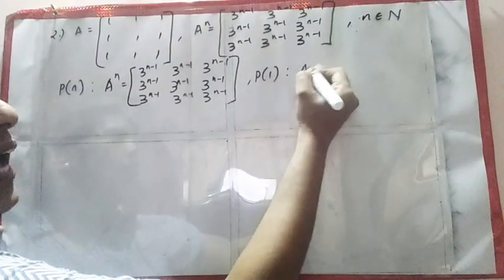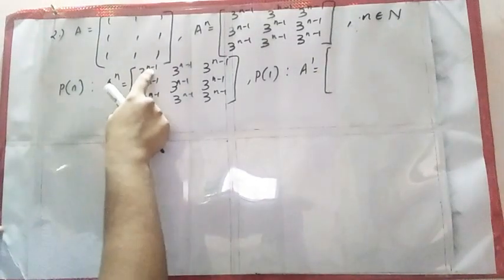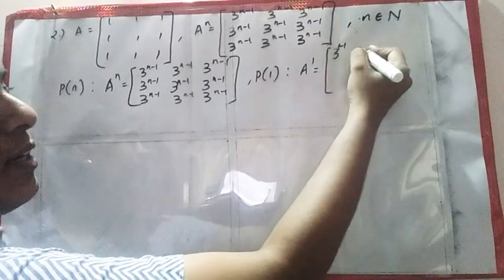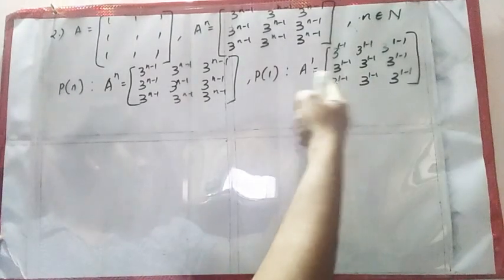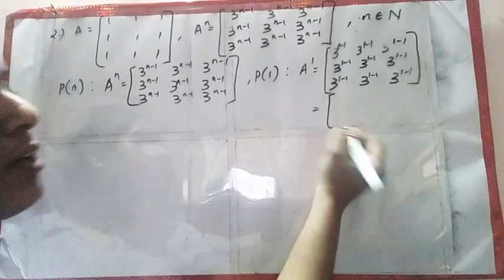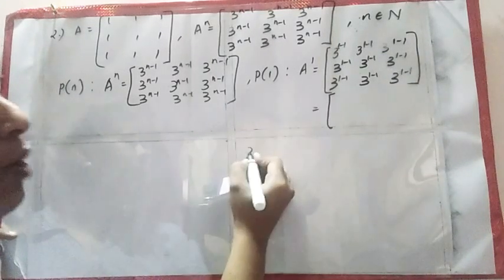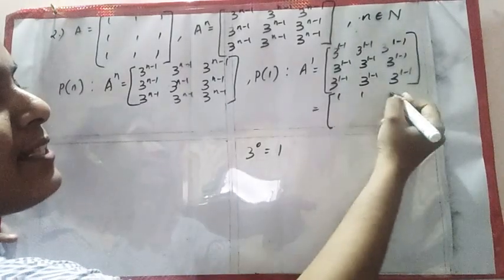Then we get A raised to 1 is equal to a matrix with every element 3 raised to 1 minus 1. That is 3 raised to 0, isn't it? So the value of 3 raised to 0 is equal to 1. So here we get every element as 1.